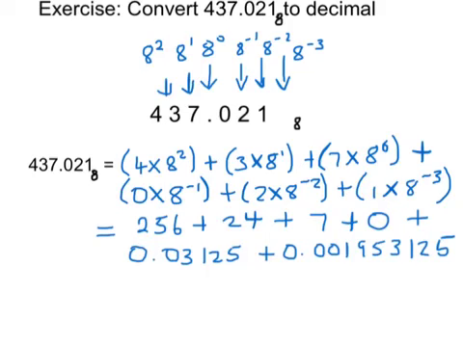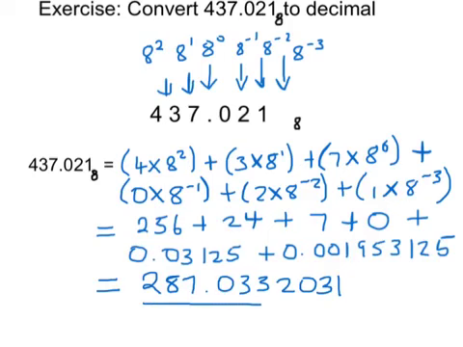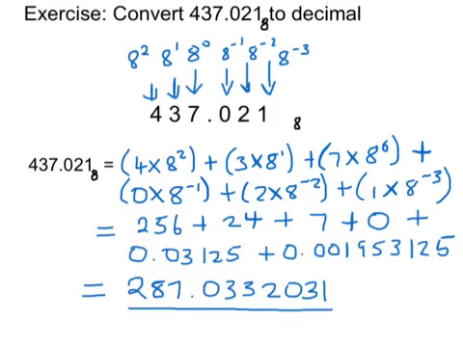And when you add all of this up, what you get is 287.0332031. So 437.021 base 8 in decimal is 287.0332031. Now let's proceed to the last part of this tutorial and convert a hexadecimal number to decimal.